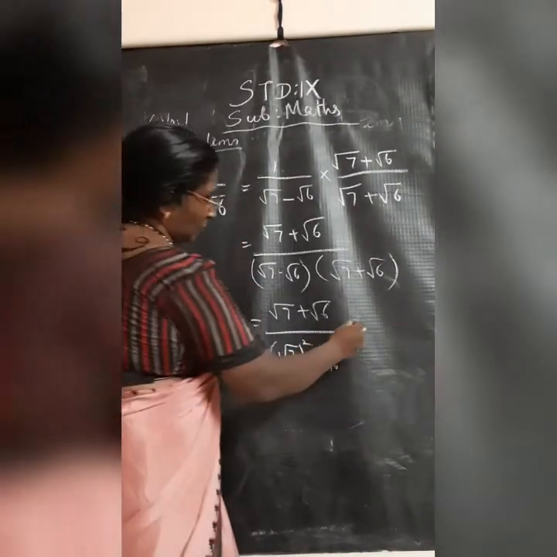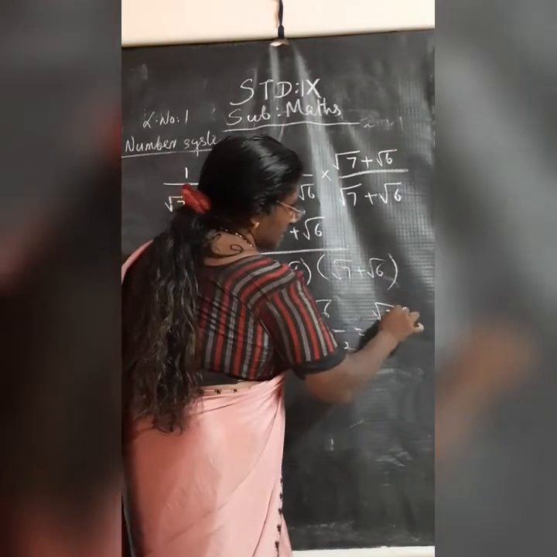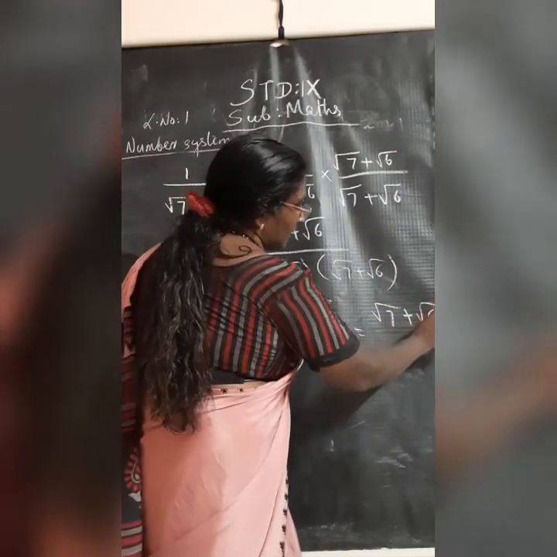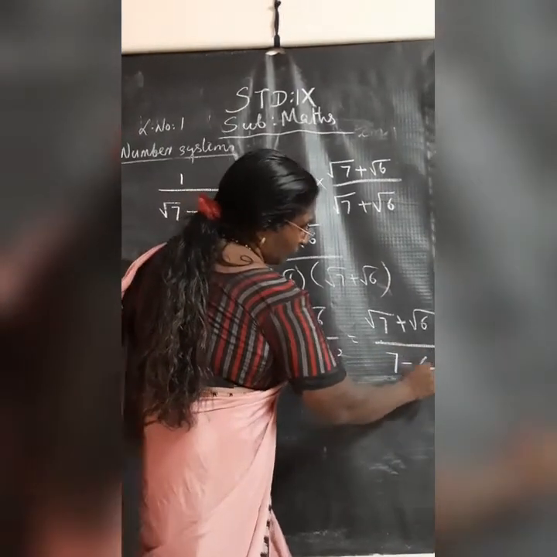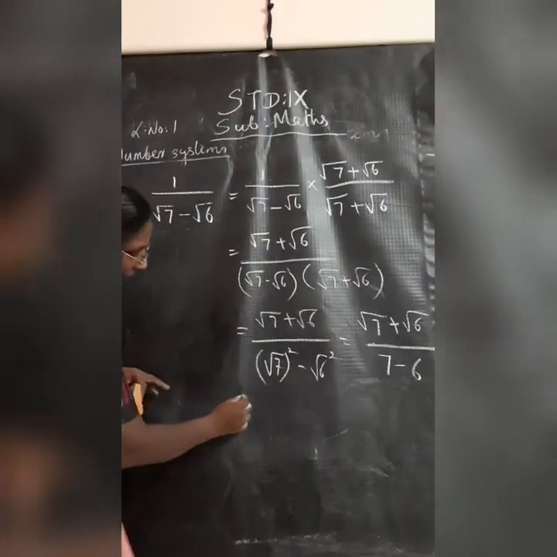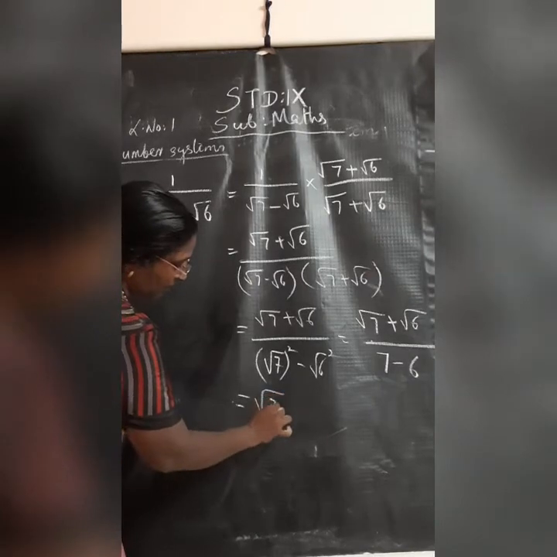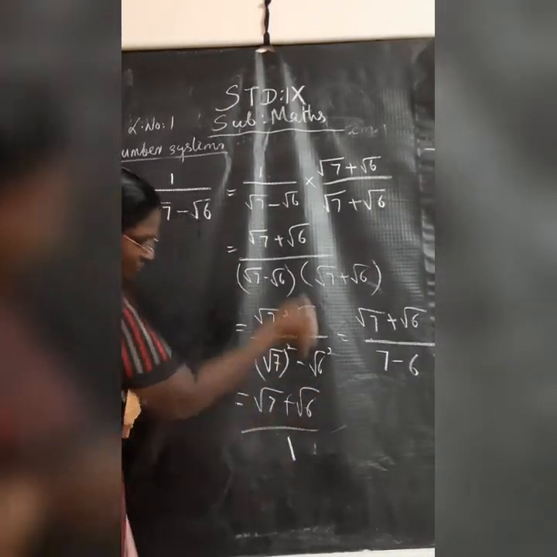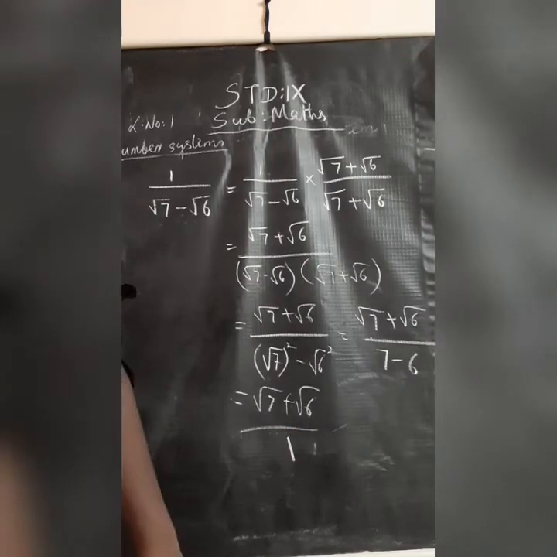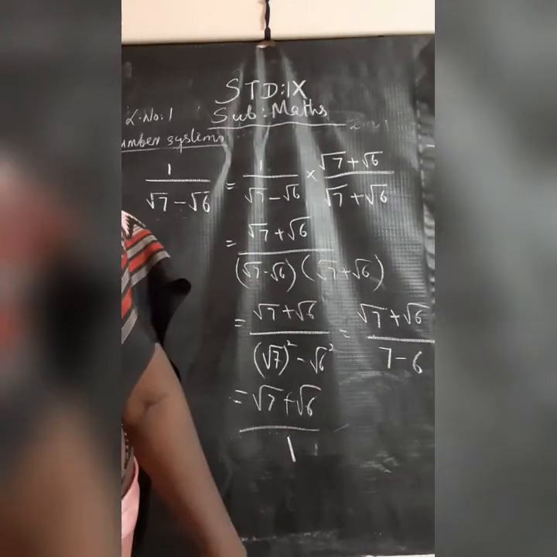That is equal to root 7 plus root 6 divided by root 7 the whole square, which is 7, and root 6 the whole square, which is 6. So you got the answer: root 7 plus root 6 divided by 7 minus 6, which means 1. See the denominator? 1 is a rational number now.